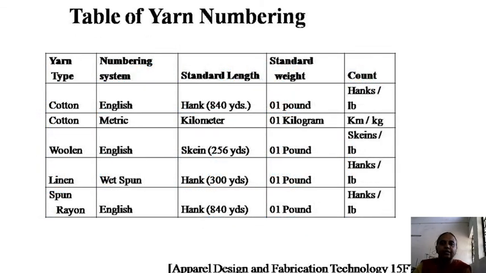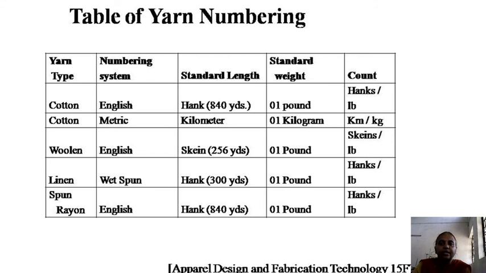Table for yarn numbering. Cotton yarn numbering system, English cotton: standard length is hank, that is 840 yards, standard weight 1 pound, count is hanks divided by 1 pound. You have to remember this table. Cotton for the metric: kilometer, kilogram, that is kilometer per kilogram.